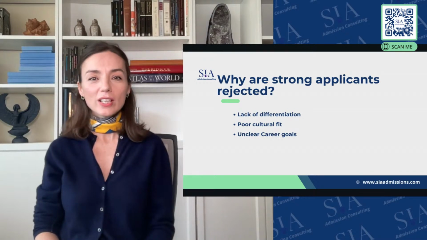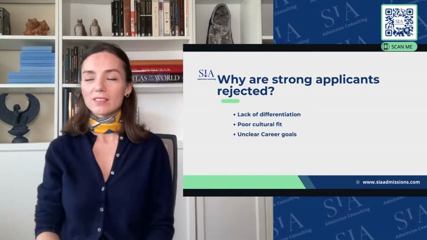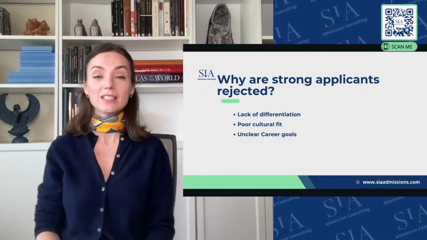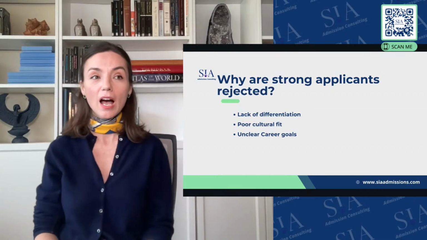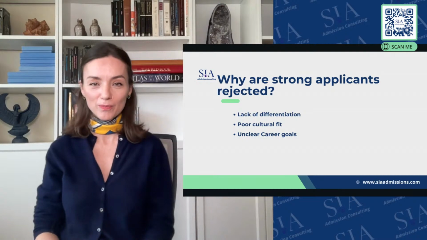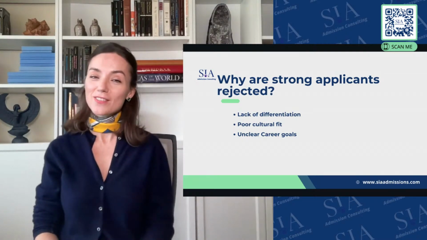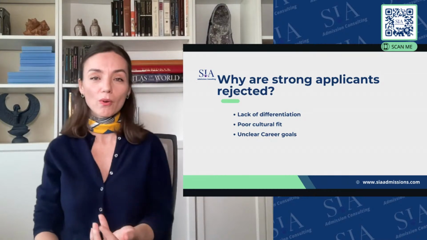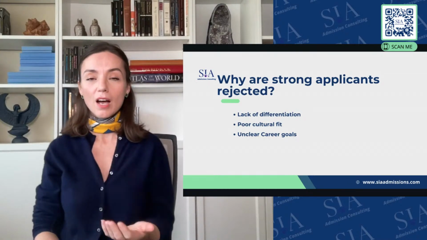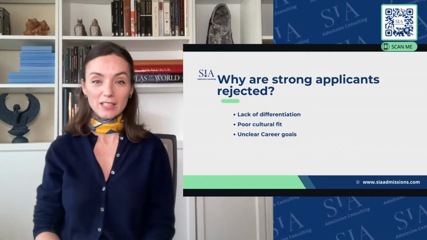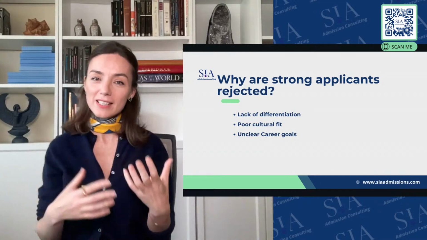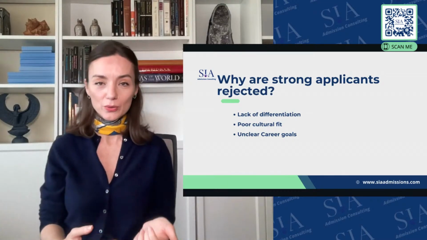And you then start wondering, well, if these applicants are so strong and they still couldn't make it through, how will I be able to make it through? And there are also stories of individuals who have really poor academics or really poor test scores and are able to succeed. So there is something in the entire application that is making one win and the other lose.